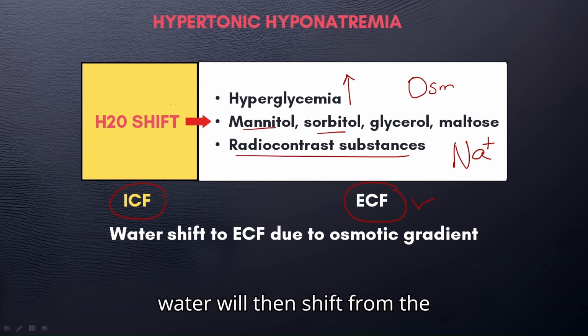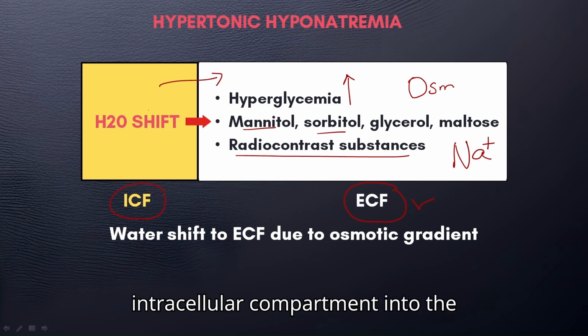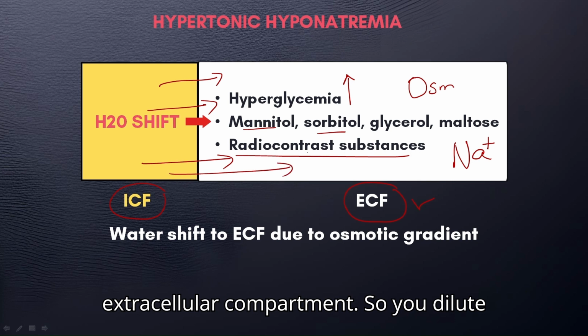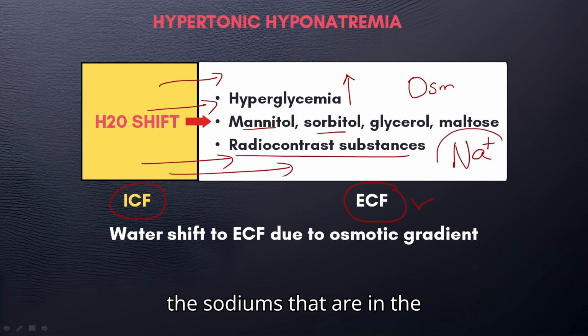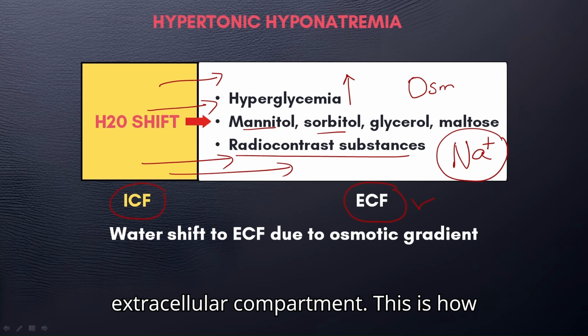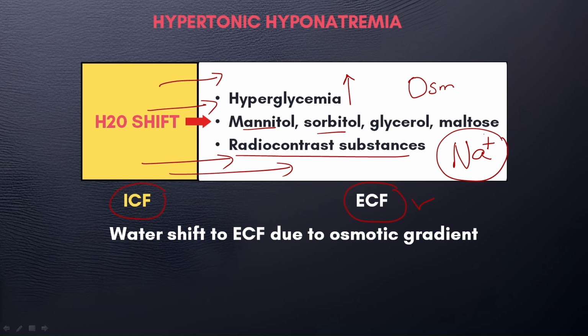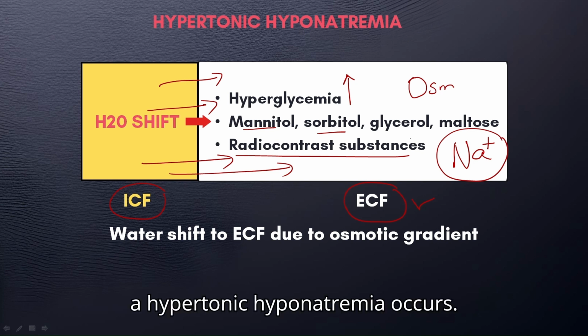What will happen is that water will then shift from the intracellular compartment into the extracellular compartment. So you dilute the sodium that is in the extracellular compartment. This is how hypertonic hyponatremia occurs.